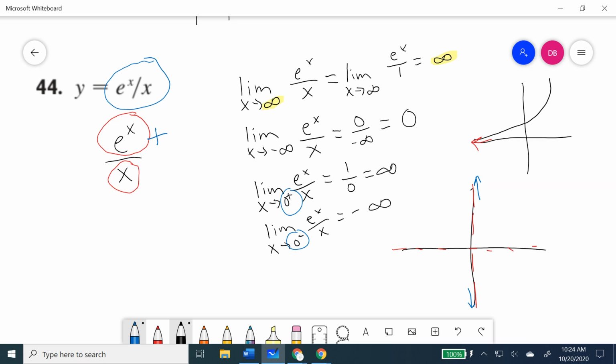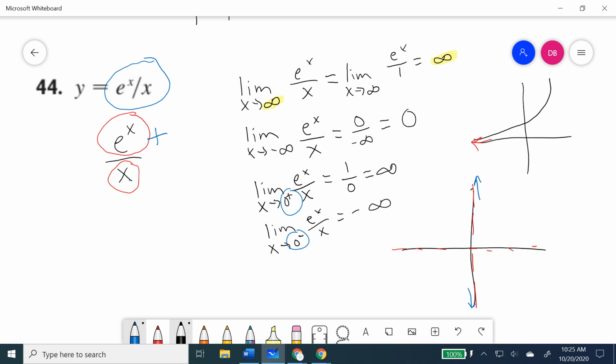No matter what I put in, I will only get positive out. Does that tell you a little bit about location? This tells me that when x is positive, I'm going to stay in quadrant 1. But when x is negative, I'm going to be in quadrant 3.